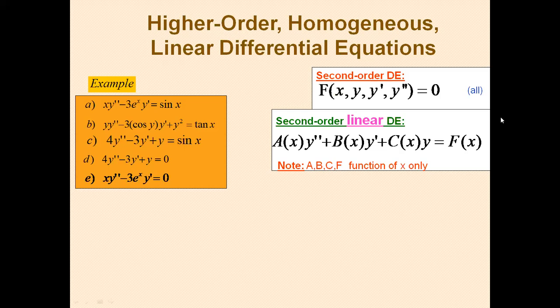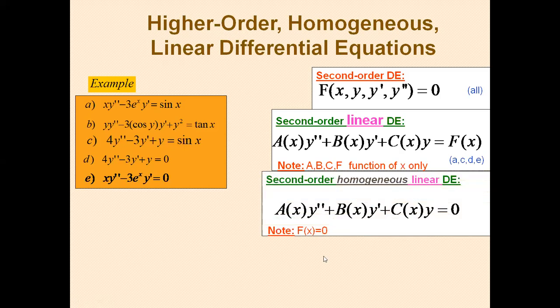Okay, so second order linear differential equations are the following. So you have letter A, letter C, letter D, and letter E. They are all second order and linear. What about this? Second order, homogeneous, and linear.